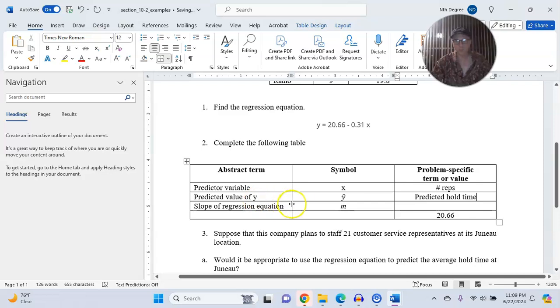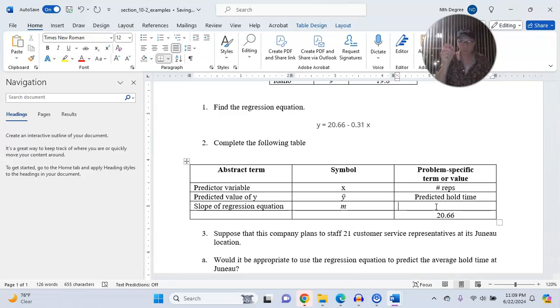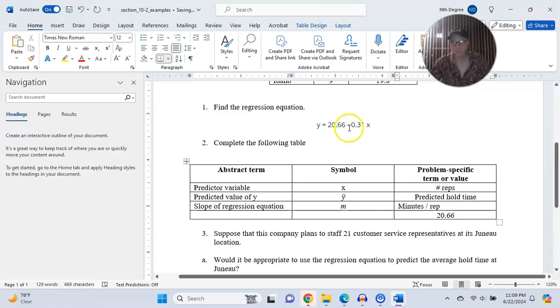The slope of the regression equation, symbolized as m. In this case, what would that refer to? It always has units of y over x. So minutes per rep of decrease. And this one has a negative coefficient here, right? So basically, for every new representative we add, we would expect the average hold time to decrease by 0.31 minutes.